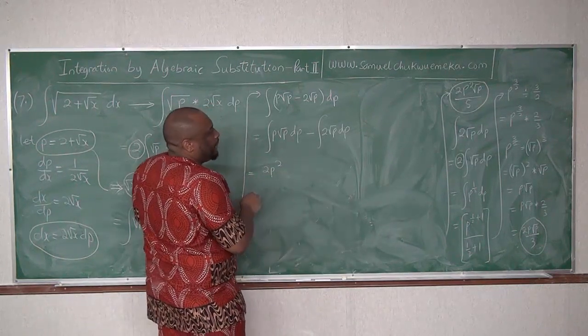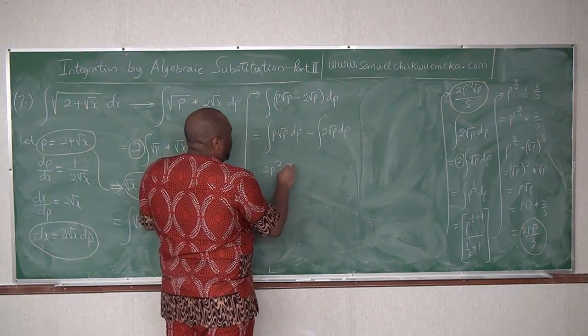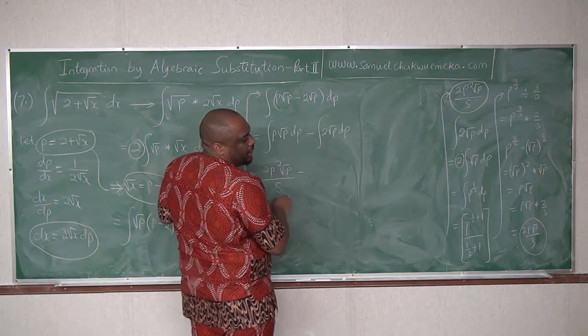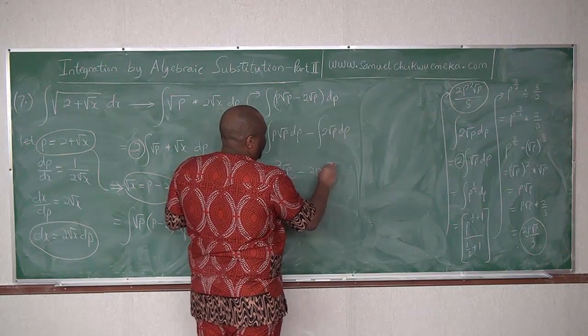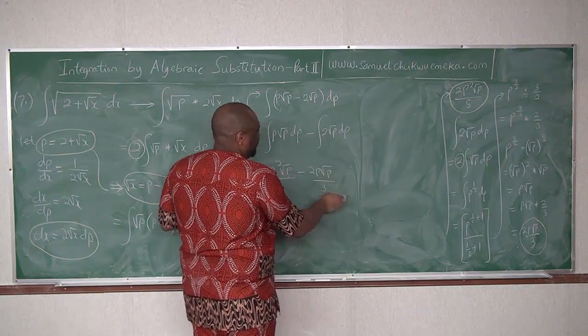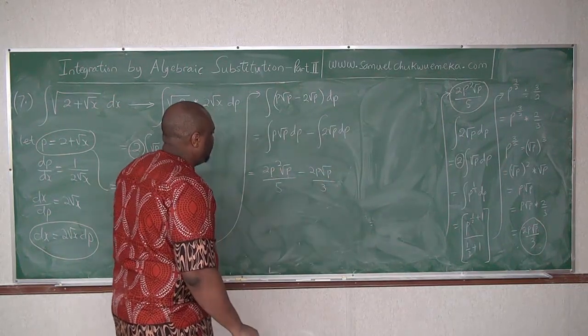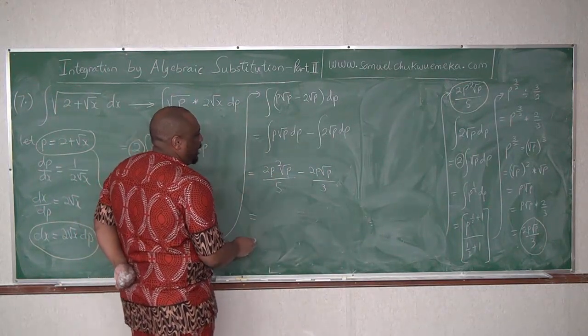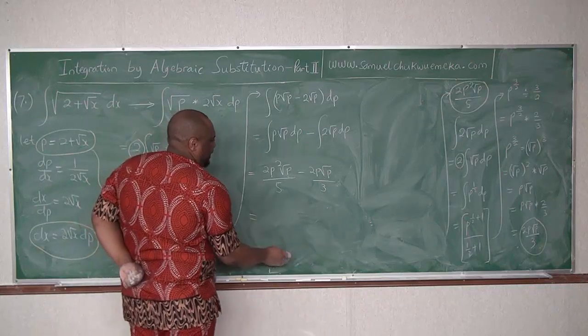So we have 2p squared root p over 5 minus 2p root p over 3. So we can simplify this. Factor by GCF.